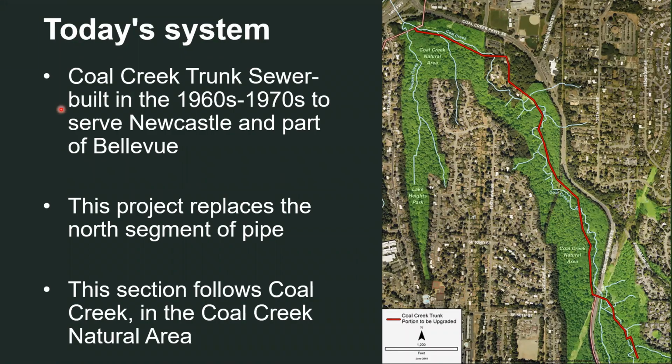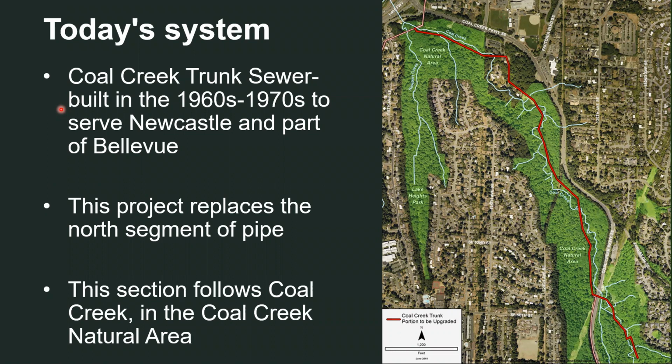So Liz talked a little bit about where we are today. The existing Coal Creek trunk sewer you can see in red on the image in the aerial view of the screen. So as you can see, that red pipe weaves its way down the valley that Coal Creek is in.